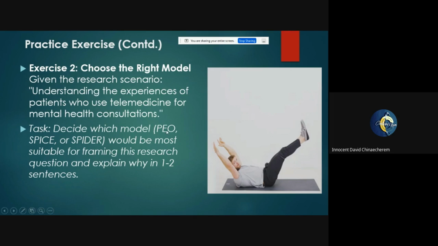And this is also another exercise that I'm giving out there: understanding the experiences of patients who use telemedicine for mental health consultation. So try and attempt deciding which model will be appropriate for it. So it could be SPIDER, SPICE, PEO. Just try and identify which is pertinent.